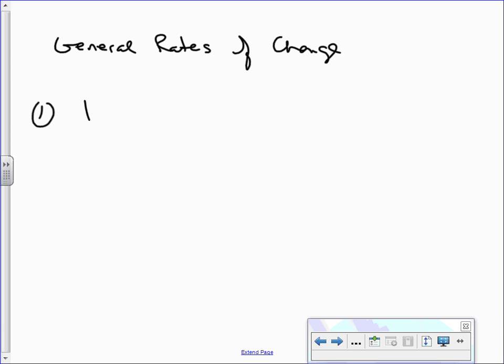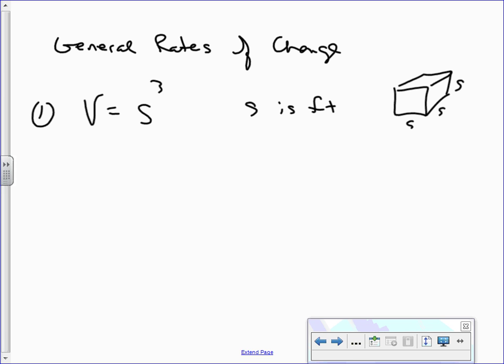So, for example, there's a formula that talks about the volume of a cube. There's a cube, and all the sides are S, whatever that number is. They're all the same thing. And so the volume of that cube is S times S times S, which is S cubed. That's the volume. Okay?